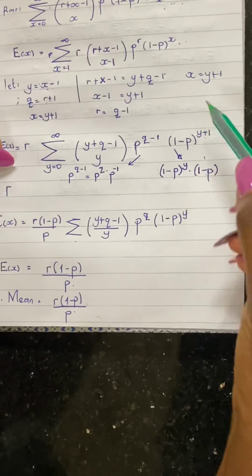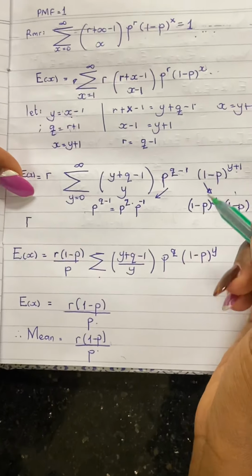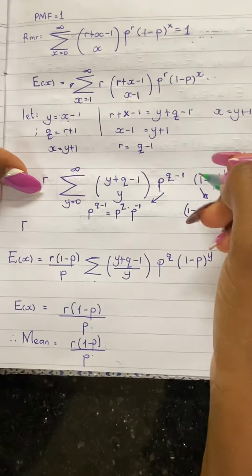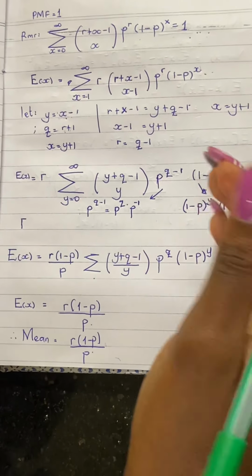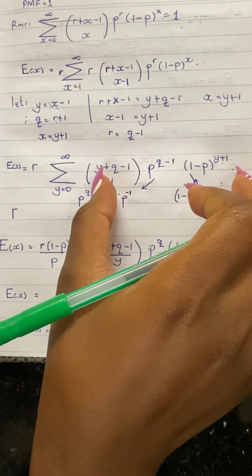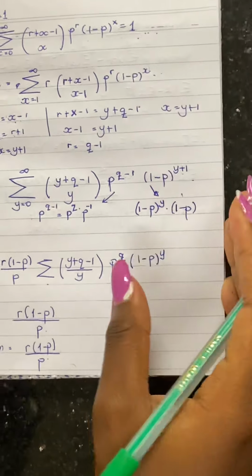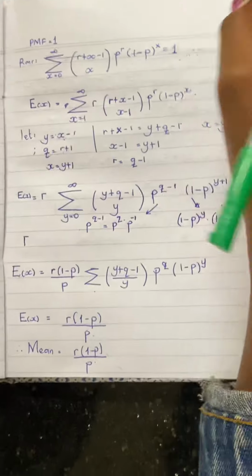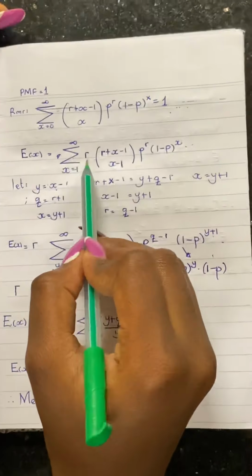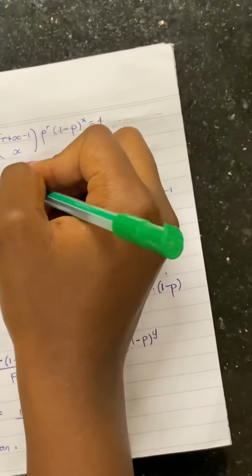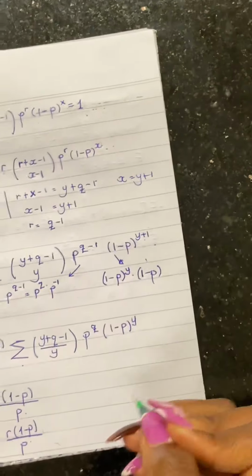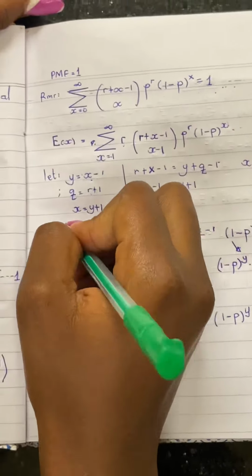Coming down, we are trying to make our equation similar to our PMF, because we know our PMF sums to 1. Since r is not affected, we take it outside of the equation.